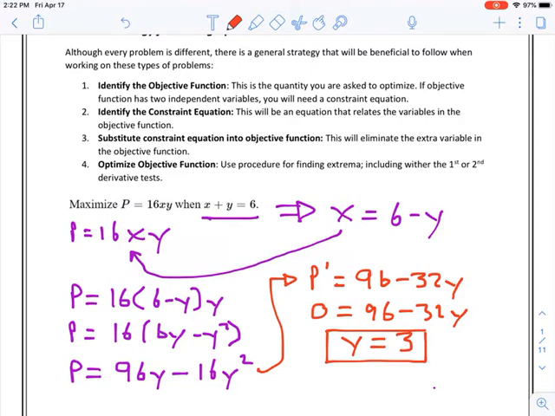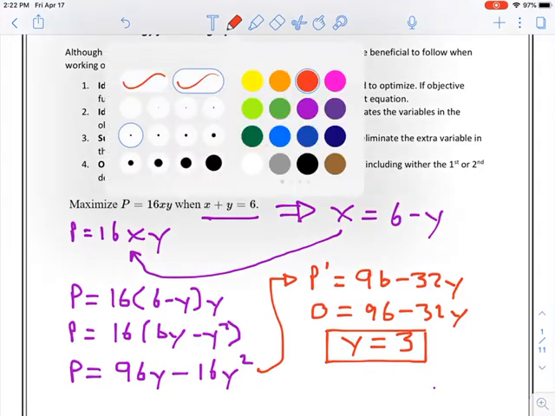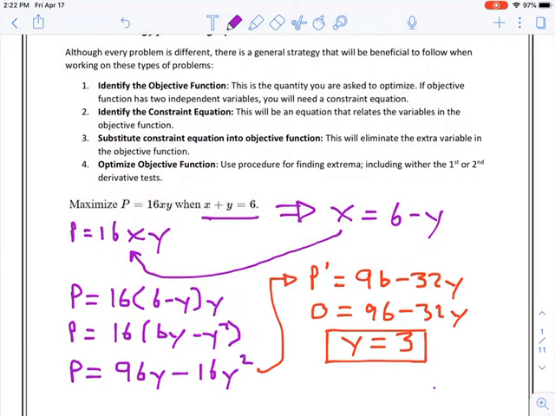To find the x value, all we have to do is go back to purple. We know that x is equal to 6 minus y, and of course I got that from up here.